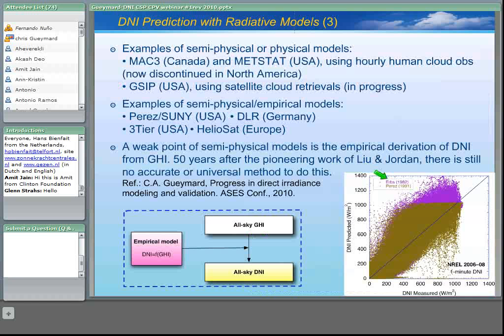Here, modeled by Hays and by Perez, and as you can see, Hays is providing you with a lot of overestimation for DNI. Perez is certainly better on this point, but still there's a lot of scatter, and specifically here for the Perez model.